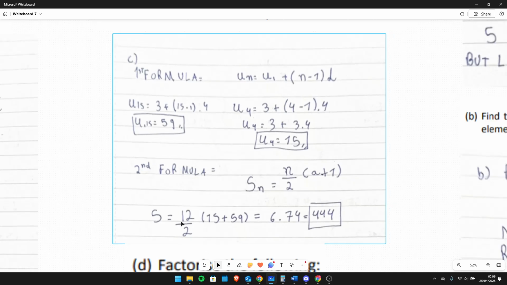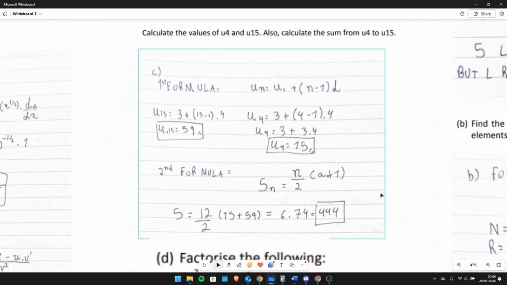So I get 12 divided by 2, multiplied by 15, which is the fourth number, added with the 15th, which is 59. So here you have 6 times 74, 444, which is the sum from U4 to U15.